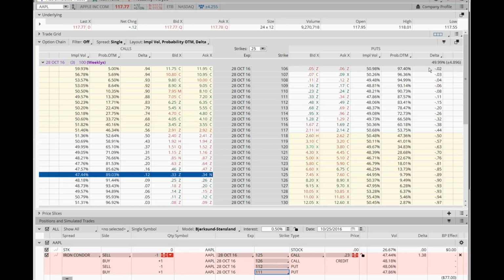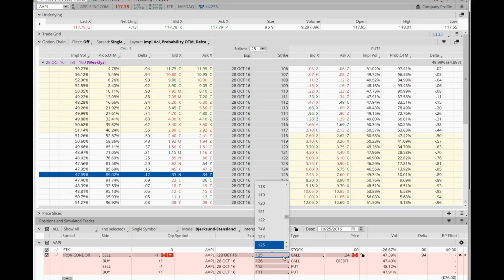Another way of doing it is to use one day price action value, and sell out of the money. So let's say for discussion purposes, price action value now is $3. 117 plus $3 will be 120, 121 here. Let's say based on price action value, sell 121, hedge by 122.